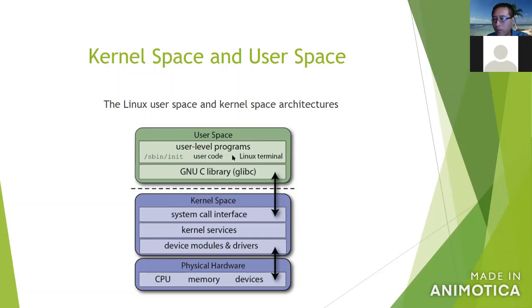So we know user space is the memory area to save general user applications. Okay, so from this picture, you can see that as a user, when we try to run a program, for example, there are some LEDs on the Raspberry Pi board, which is in the physical hardware area.